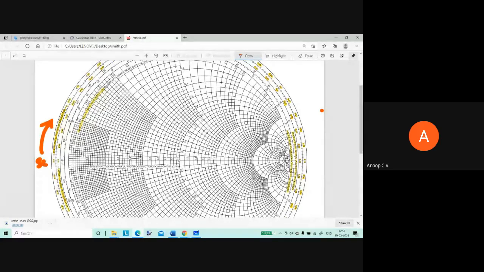Mark here, point number 13 says the distances are in terms of number of wavelengths, which means the distance ranges from 0 lambda to 0.5 lambda. The entire circumference is lambda by 2.